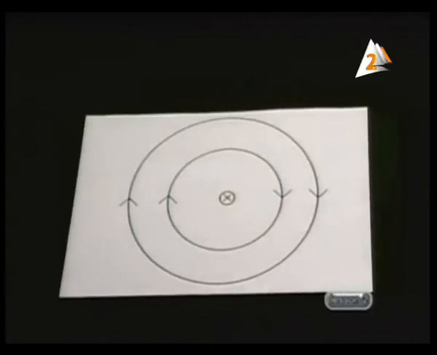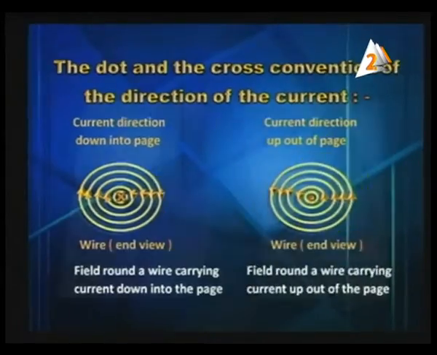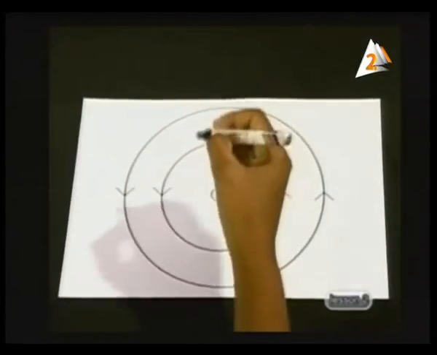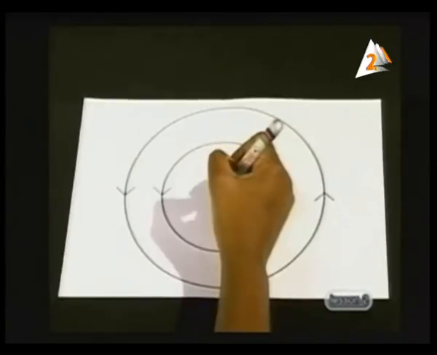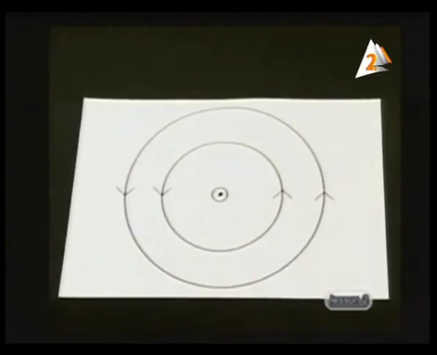If it is denoted by a dot, the dot means out of the page. X means down into the page. So remember these two conventions, very important.